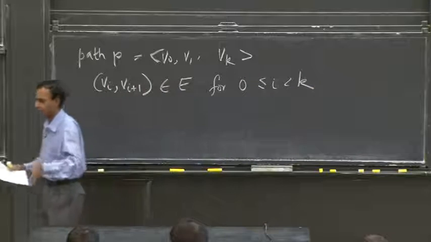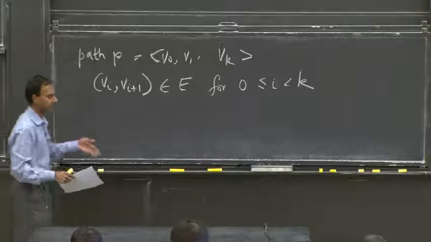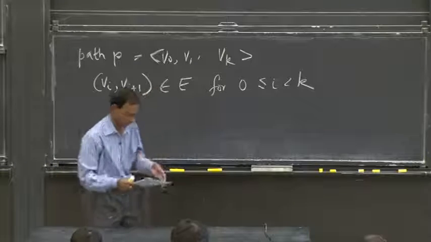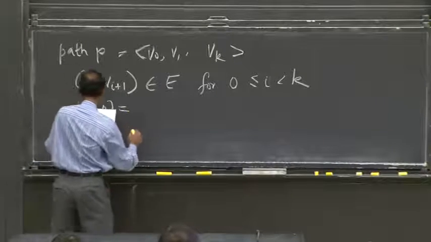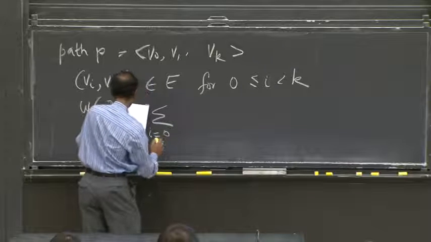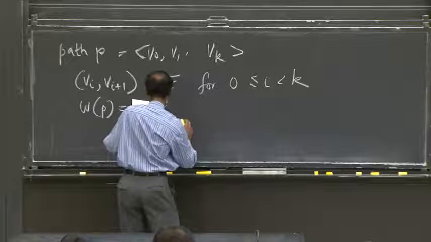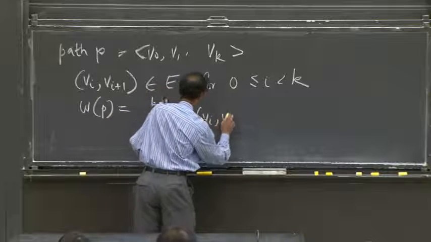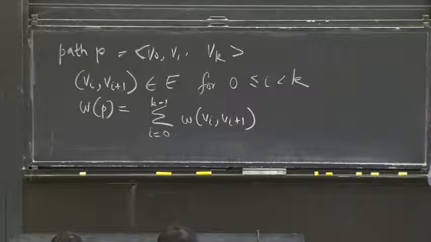So a path is a sequence of edges, and each of those edges has to be in the graph, in the set of edges E. And W of P, the weight of the path, we know about the weight of edges. Those are easy, they're given by the W function. The weight of the path is simply the summation of the weights of the edges. So fairly obvious definitions, but we have to get these right in order to solve the problem correctly.